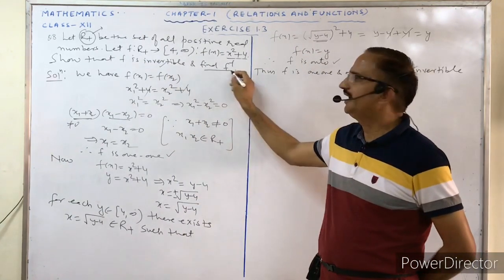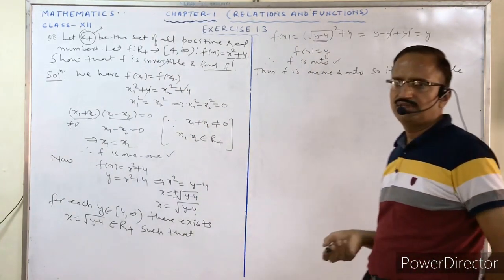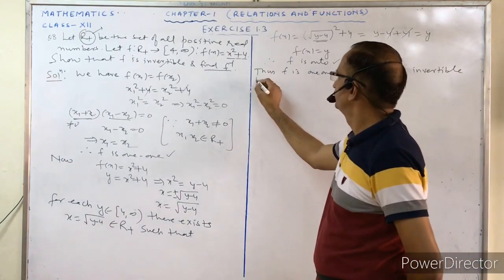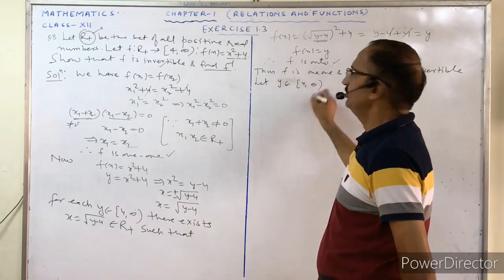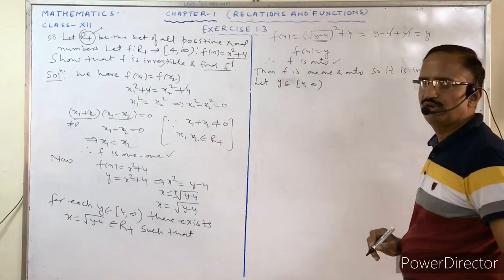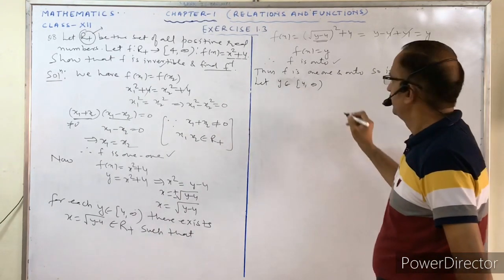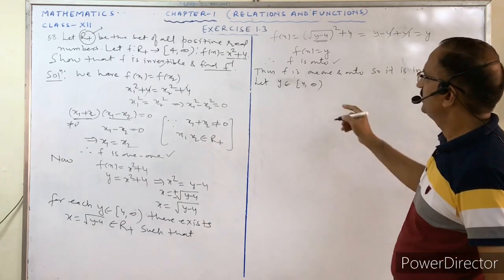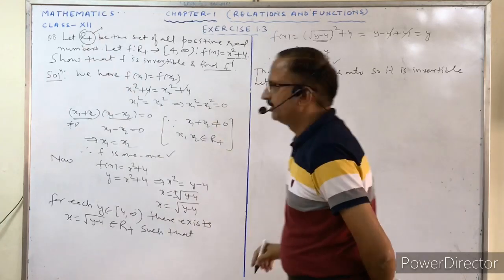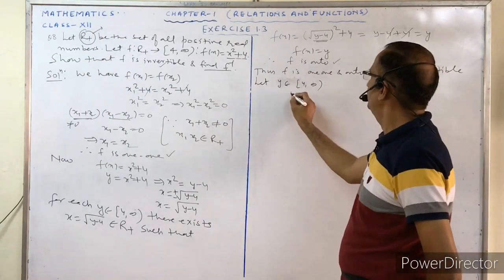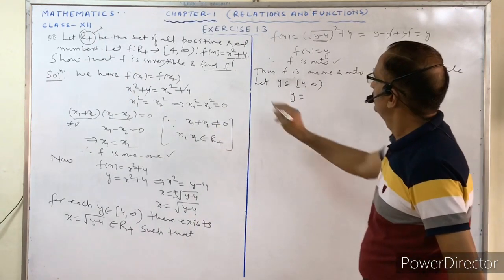Now find f inverse. For this also, again, y belongs to [4, infinity). Then there exists x belonging to R plus, or we can write y equals this.